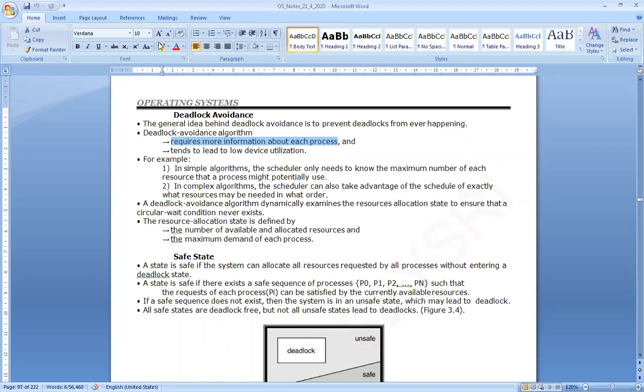He also explains that with a small example. In a simple algorithm, the scheduler only needs to know the maximum number of each resource that a process might potentially use.